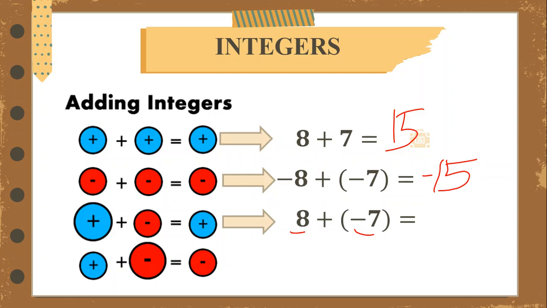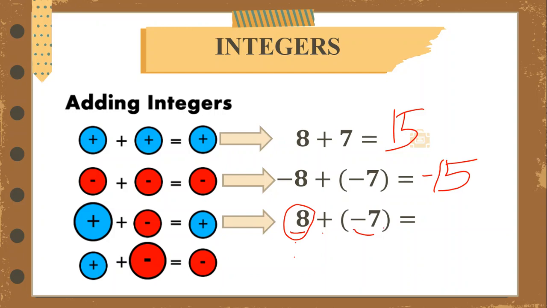Correct, we will use the positive. And since they are different, we will subtract them. If the sign is different, then we will subtract. If the sign is the same, we will add. So this is different.